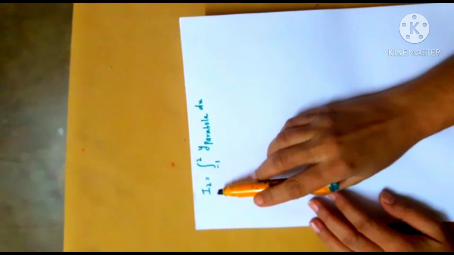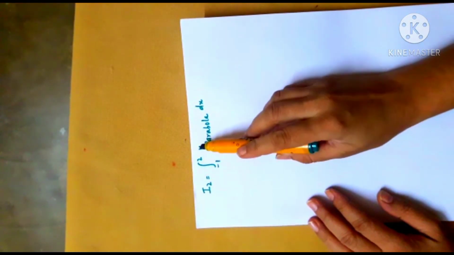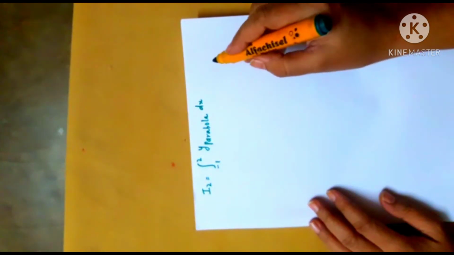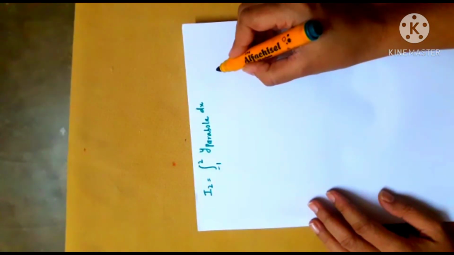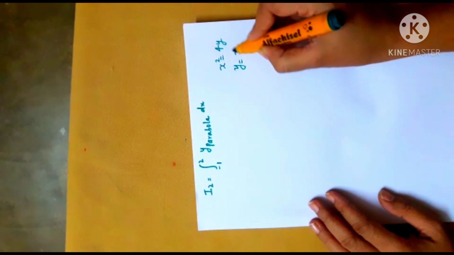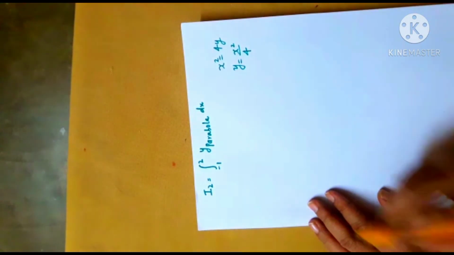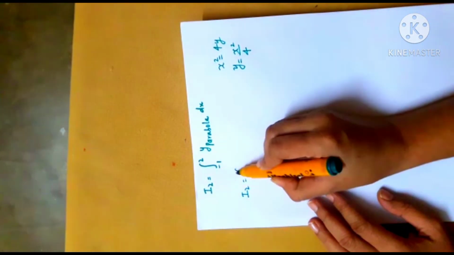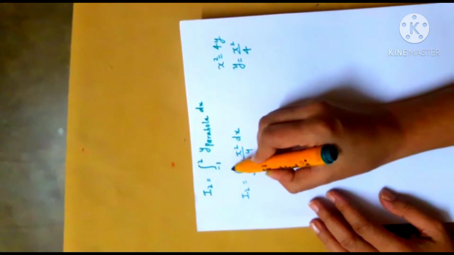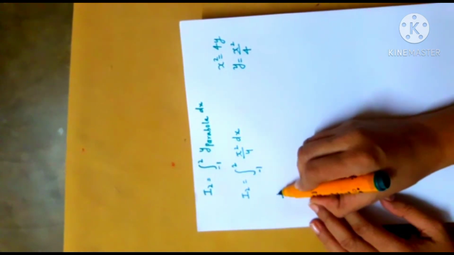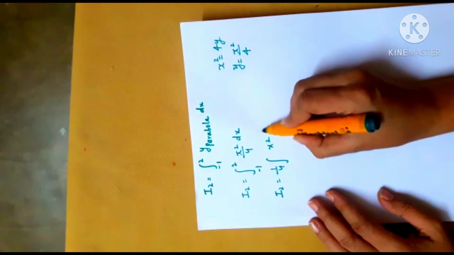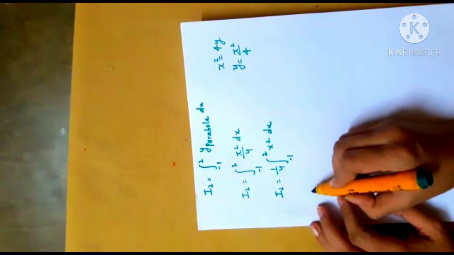Now I'll compute I2, which is the integral of y parabola dx from minus 1 to 2. Now, the equation of the parabola is this. So from here, y of parabola is x square over 4. So I put the value here. So it's the integral of x square over 4 dx from minus 1 to 2. So I2 will be equal to 1 by 4 integral x square dx from minus 1 to 2.